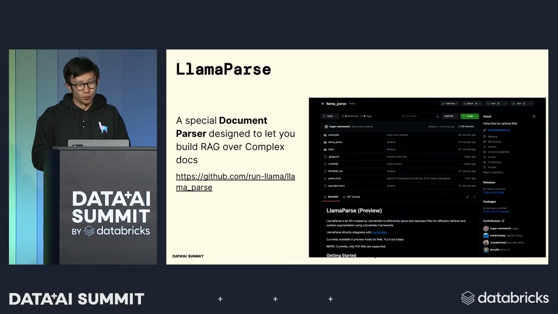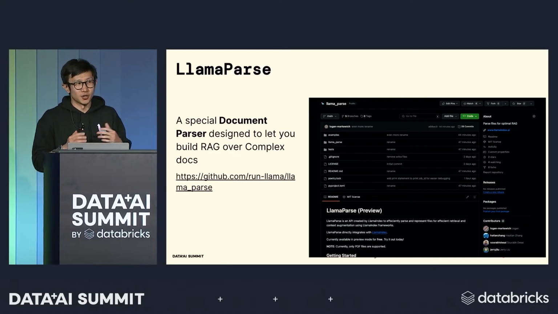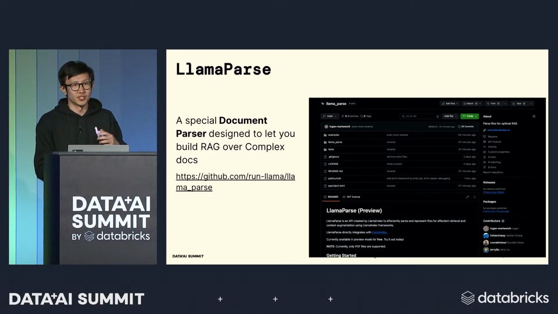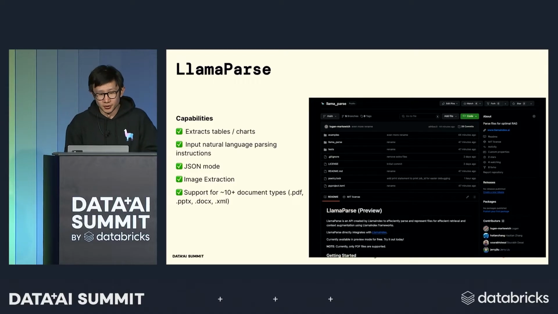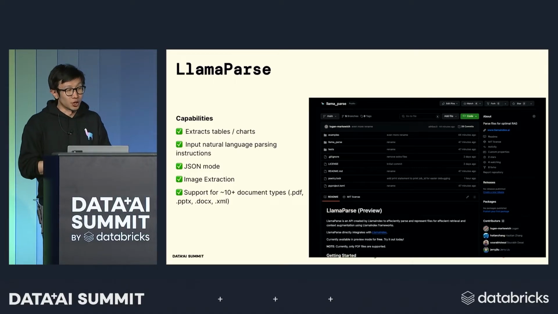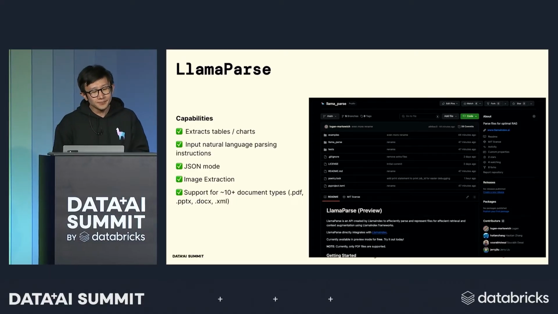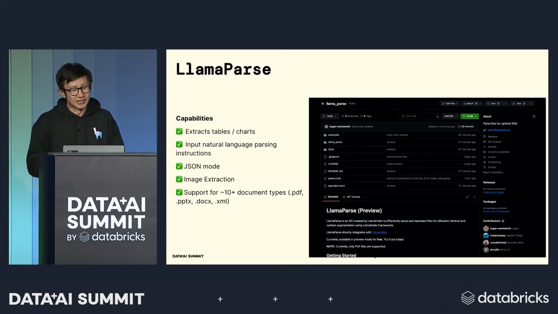And basically, we opened this up as an API and started adding a lot of support for different types of complex data workflows. So some of the core capabilities include table and chart extraction, and we'll run through an example with LlamaParse in just a bit. Being able to input natural language parsing instructions.